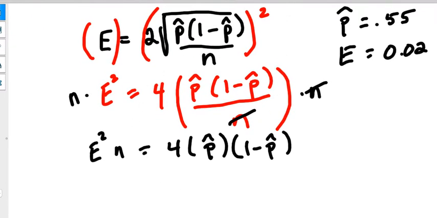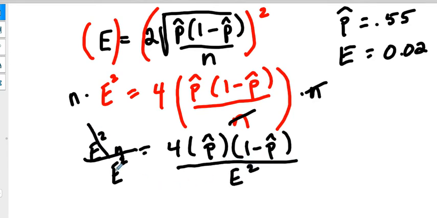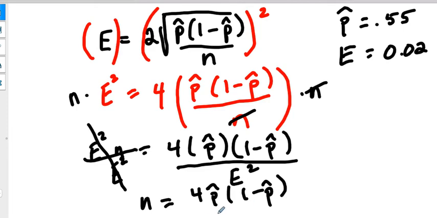Our final step is going to be to divide both sides by e squared. So if I divide both sides by e squared, divide this side by e squared, divide this side by e squared, I'm going to get n is equal to this, 4 p hat times 1 minus p hat all over e squared, right?